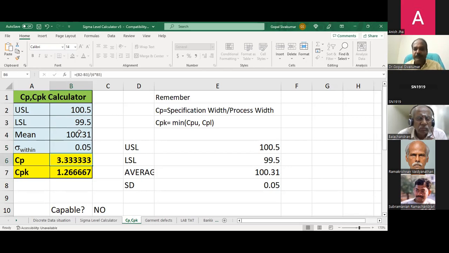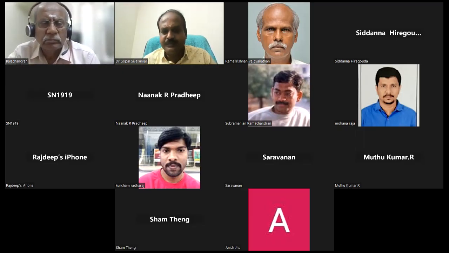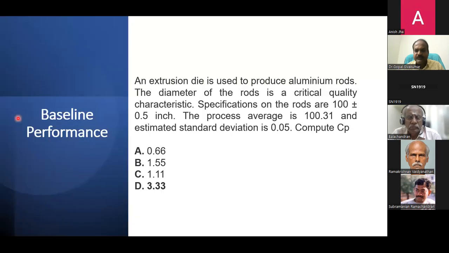Now what is the CP? 3.33. Just check whether 3.33 is there in your options. So the answer is option D. Am I correct?